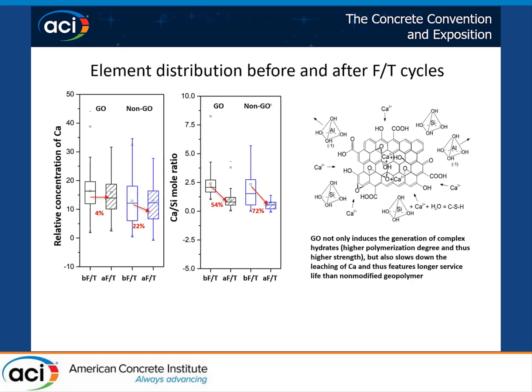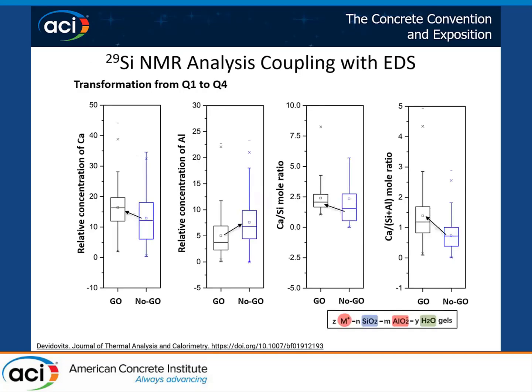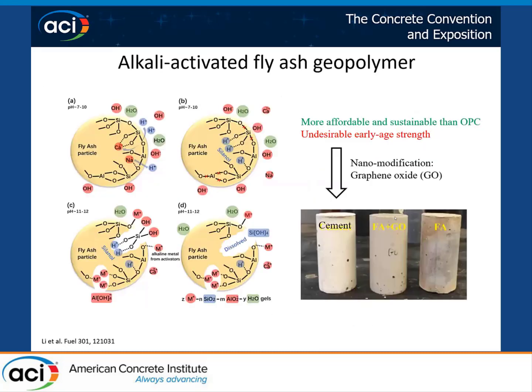Could you go to that slide? In terms of leaching, that's basically visible. Yeah, this one. You can see the one on the very right-hand side, the fly ash-based geopolymer with alkali activation, has leaching on the surface. But once you add a trace amount of graphene oxide, that leaching went away.